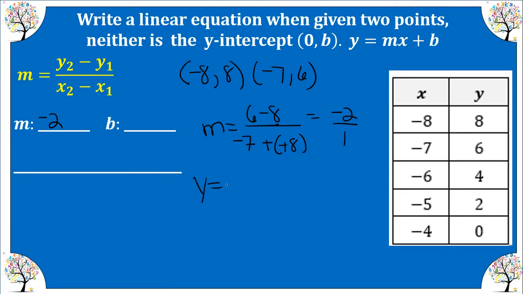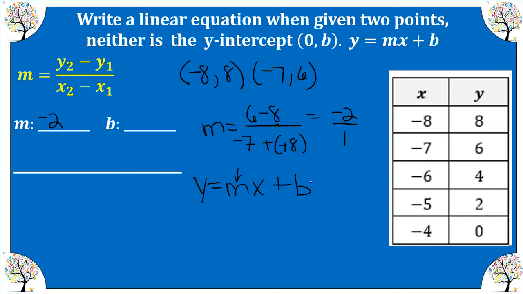Here is slope-intercept form. I have my m value. I'm looking for my b value. In order to find the b value, I need a value for y, m, which we have is negative 2, and x. If I have a value for all of these variables, then I can actually find the value for b.